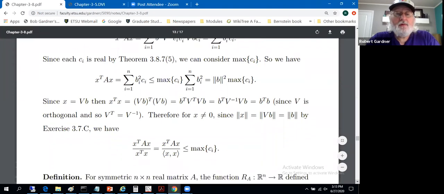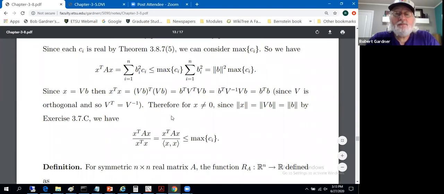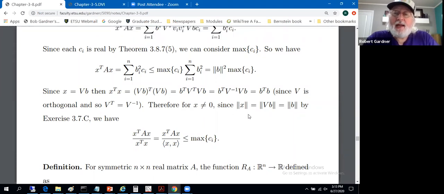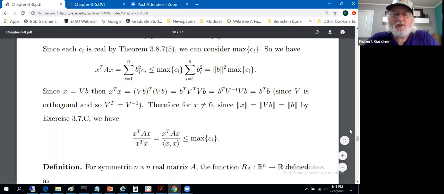If we take any non-zero x vector, the norm of x equals the norm of Vb equals the norm of b. Exercise 3.7.c. Really, here's the argument right here. x transpose x is the inner product of x with itself, that's the norm squared of x, and that's the norm squared of b. That's how the proof of this exercise actually goes.